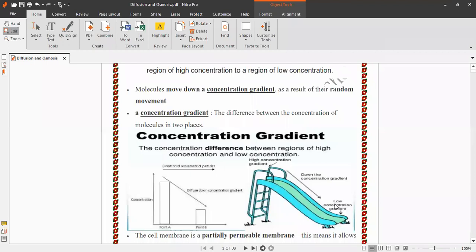Diffusion is the movement of particles, of ions, of substances, like oxygen, like carbon dioxide, from a region of high concentration of this material to another region that has lower concentration.